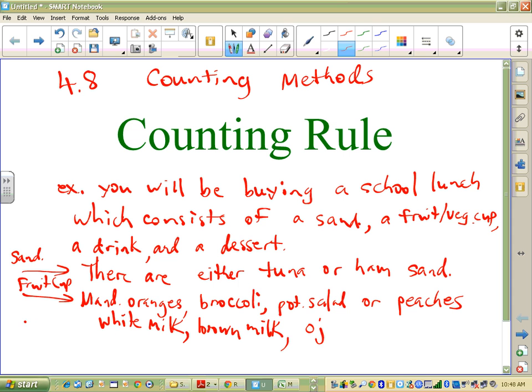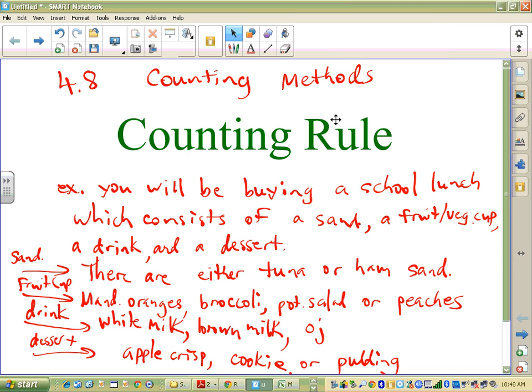Okay, so that's your drink. And finally, for the dessert, you could get an apple crisp. That's not bad with whipped cream on it. Apple crisp, a cookie. My dogs like the cookie. Or pudding.